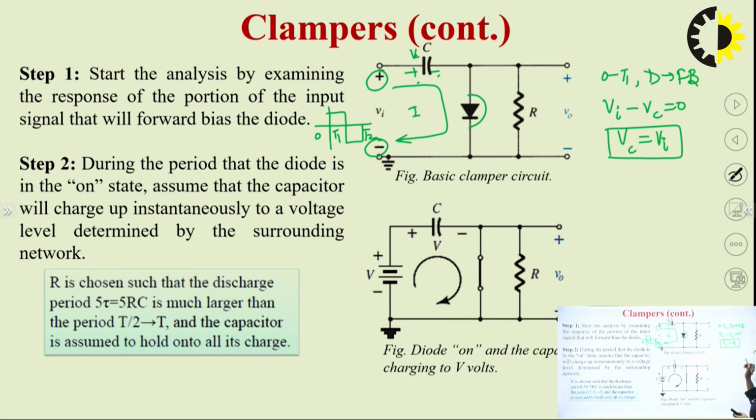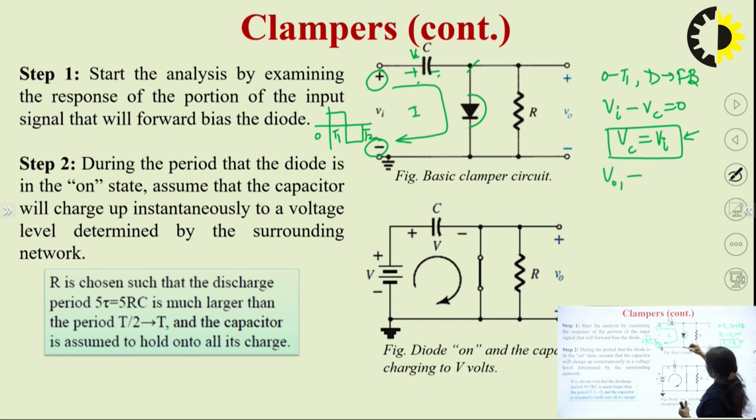Now, at the same time, when the capacitor charges, our diode is forward biased. So there are two things. One is the capacitor will charge to some value, which we have already calculated. The second is the output voltage. Under this condition, what will be the output voltage? Let's say this is V01.